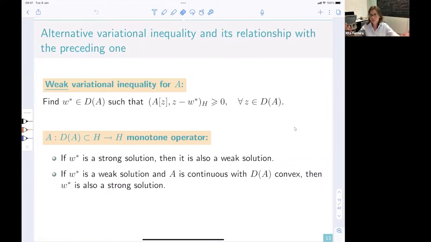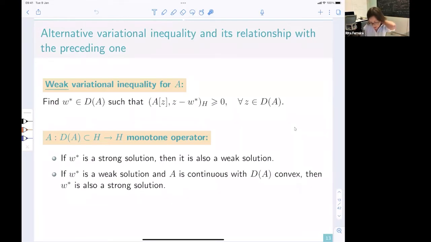In particular, for example, if you start with a weak solution, and your operator A is continuous and the domain is convex, this is one possibility, then you can prove that it is actually a strong solution. So there are situations, depending on your operator A, in which from a weak solution you get a strong solution. So this is the idea.